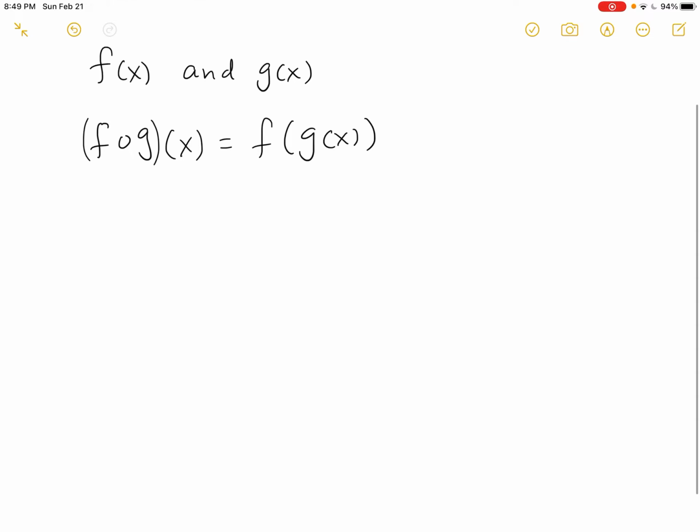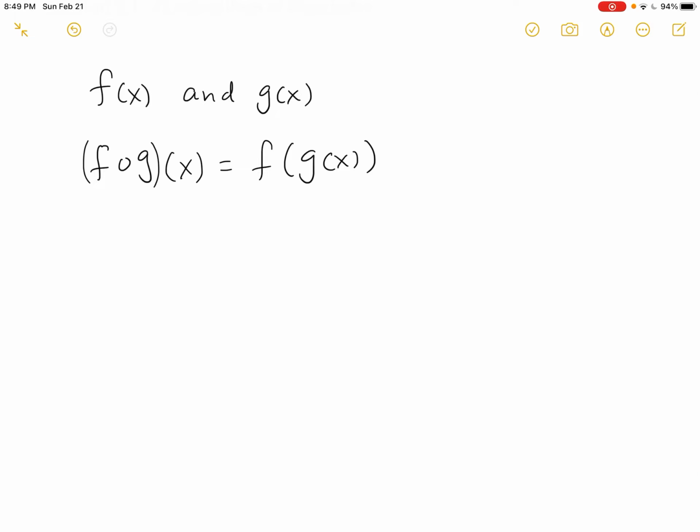And there's two things that they're going to do. As with most books, they're going to make sure that you understand the basics of it from a numerical point of view. Whenever you're dealing with the numerical point of view, you want to just kind of feed the machine. You want to put it into the first function, which is always that second function listed, right? We first go into g of x and then apply f the way this is written.